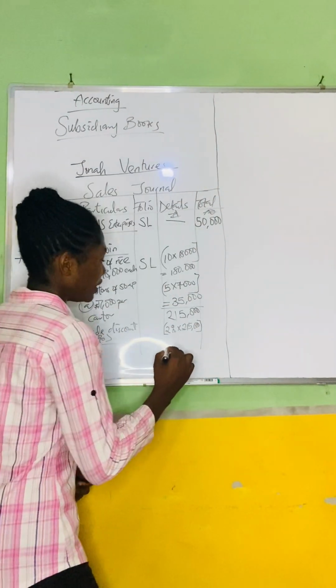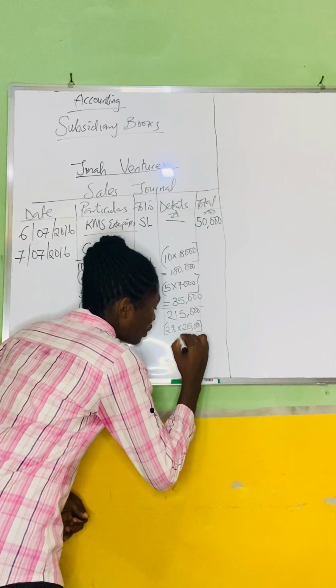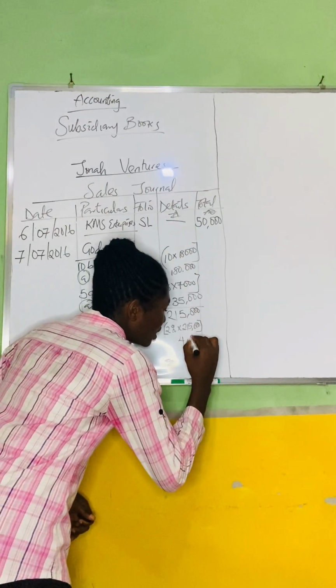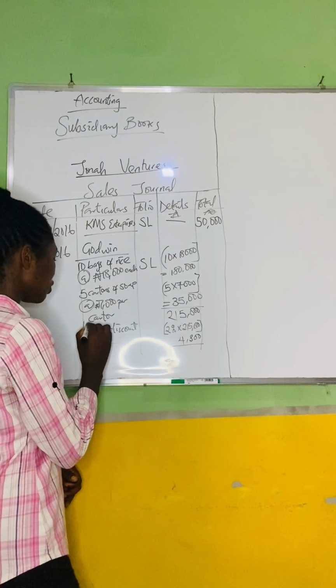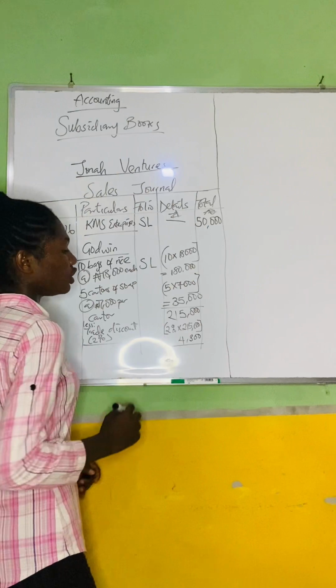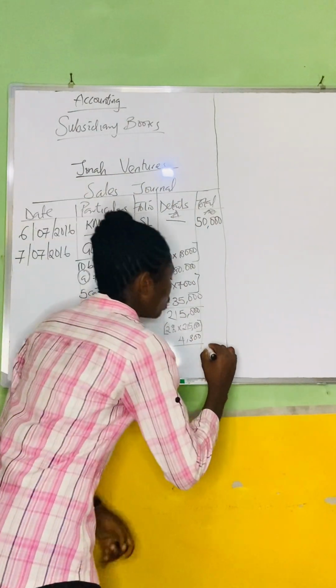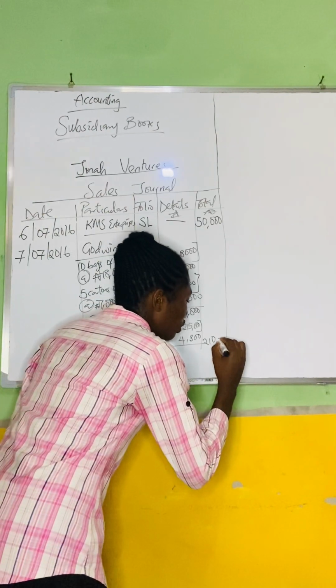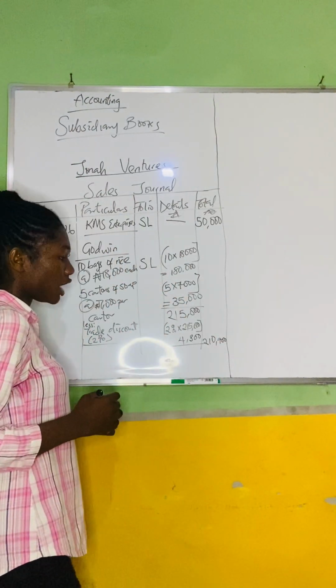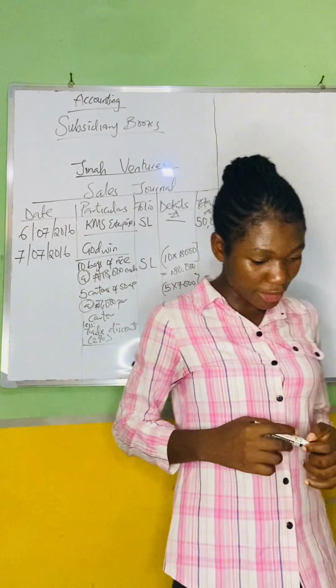Our 2% in this case is 4,300. So if we put our less trade discount, 4,300, and less that amount, we'll have 210,700. Now we are through with that.